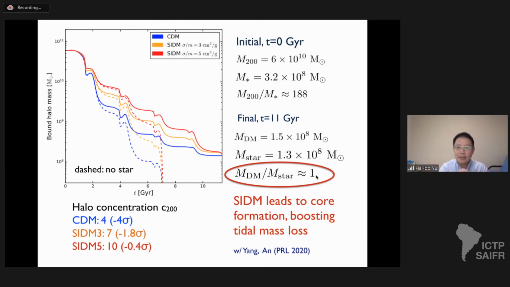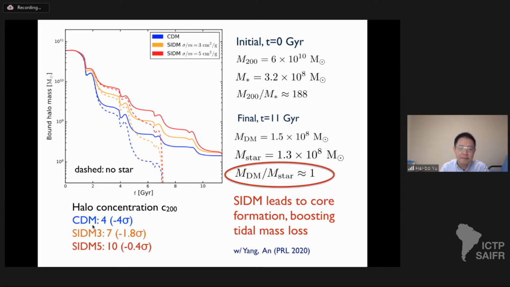That's great. Now, you may wonder that the tidal interactions will also occur for cold dark matter, CDM, as well, right? Indeed, this is the case. Here we consider models: CDM, SIDM 3, SIDM 5, and you can see the bound mass as a function of time. When it evolves, the bound mass becomes smaller and smaller, right? So that's what we needed to explain this ratio. However, there's a price to pay.